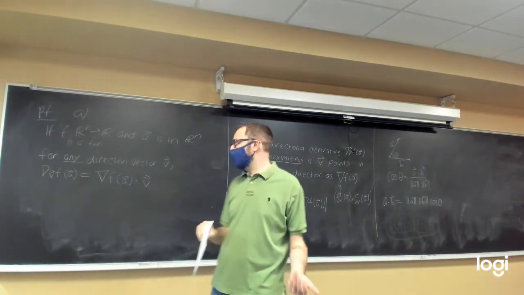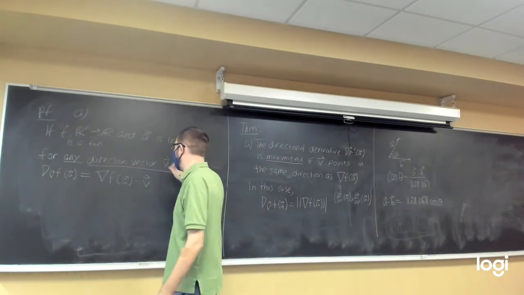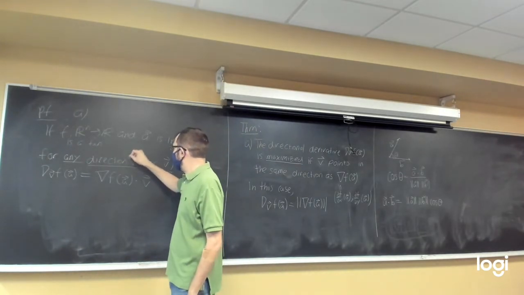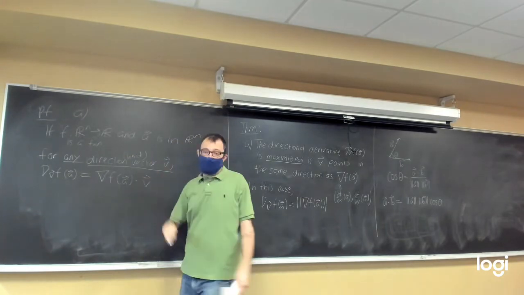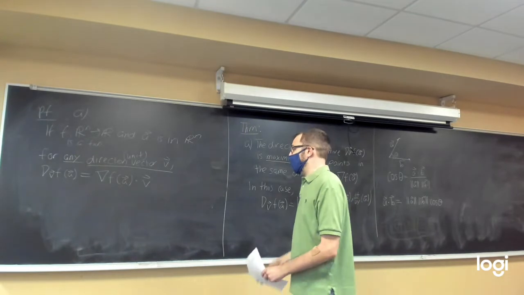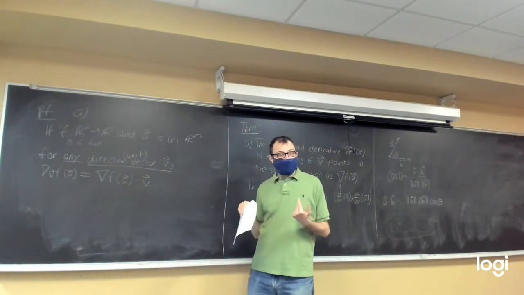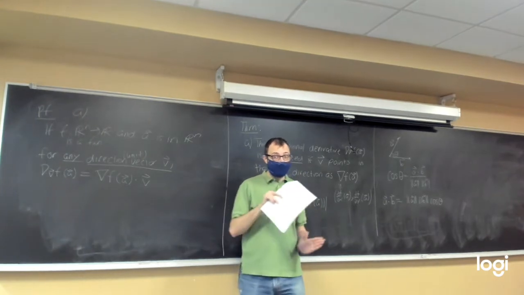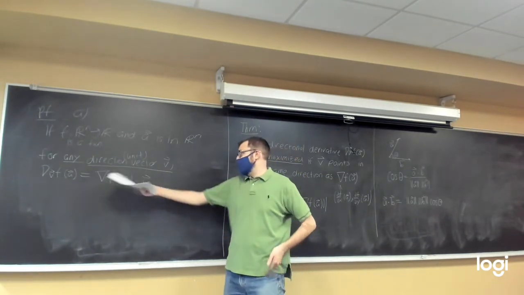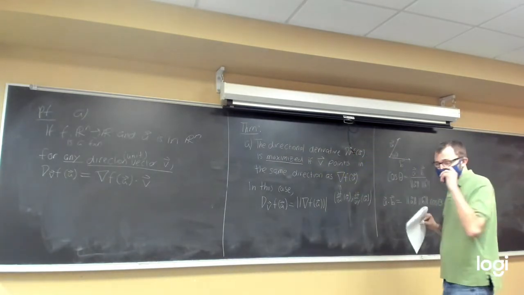That was our formula. And for that to work, we need that v is a unit vector. But if v is a unit vector, meaning a vector of length 1, then the slope of what we would get if we're standing on f at the point A, walking in the direction of v, is going to be this expression.